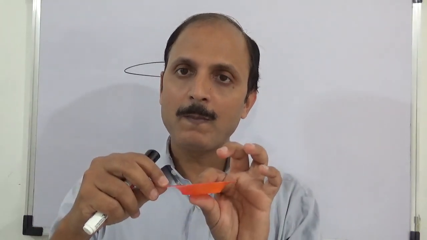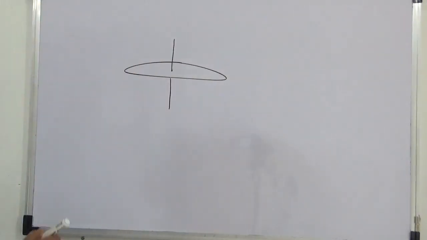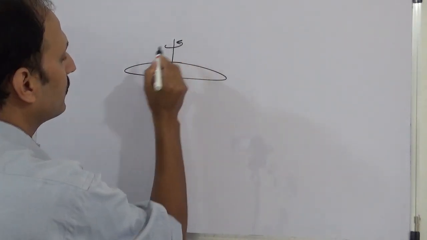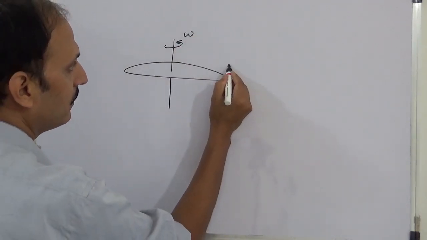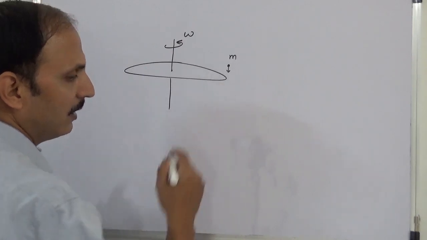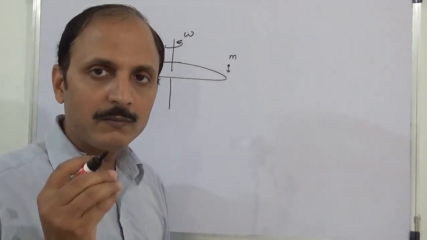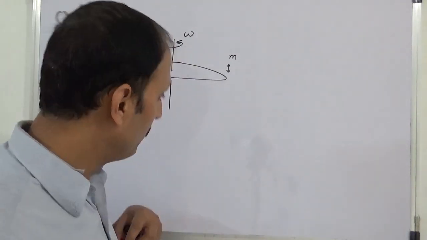If the dimension of the mass is not given, we have to take a point mass. So initially this is rotating about this axis with omega, and mass m falls. Nothing is given, so we'll take the initial velocity of fall as 0. That we always take, a simple case.